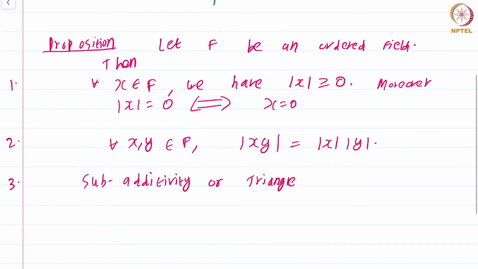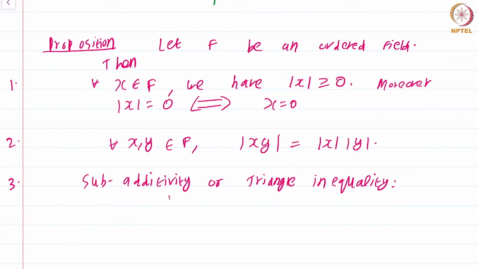So the name triangle inequality comes from the fact that the sum of two sides of a triangle is at least as large as the third side. One needs to go to several variables to exactly see why this is called a triangle inequality. We will see that in the section on topology.